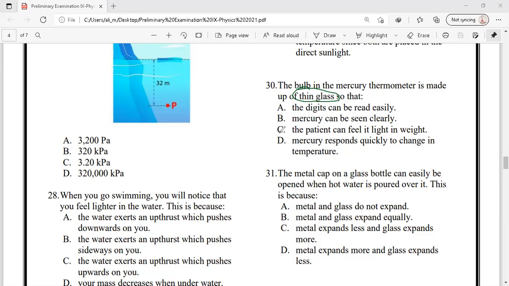So the correct answer is that the mercury should respond quickly to the change in temperature if we make the bulb of the thermometer with a thin glass.